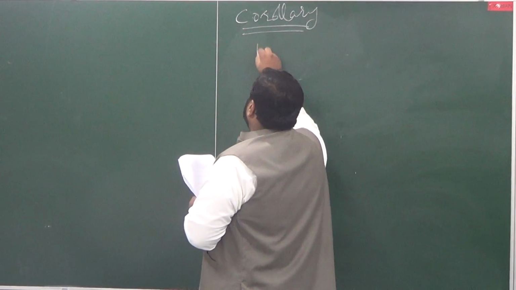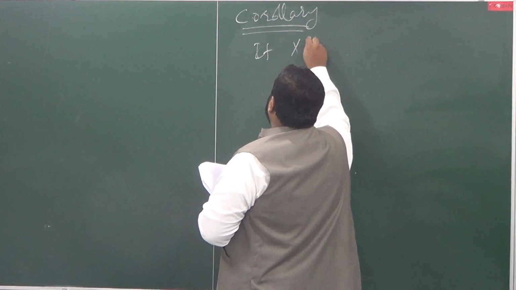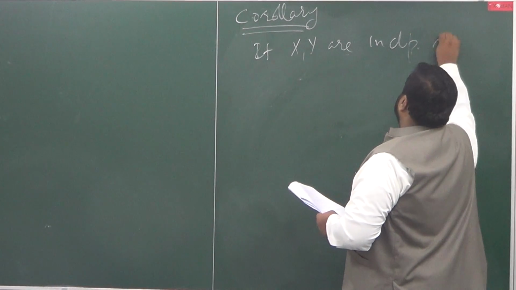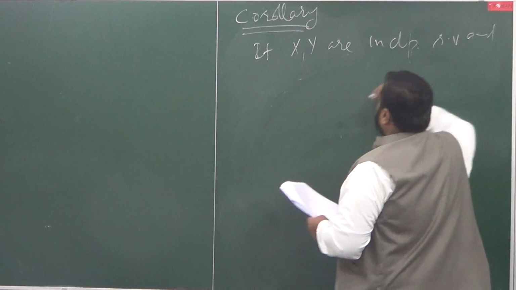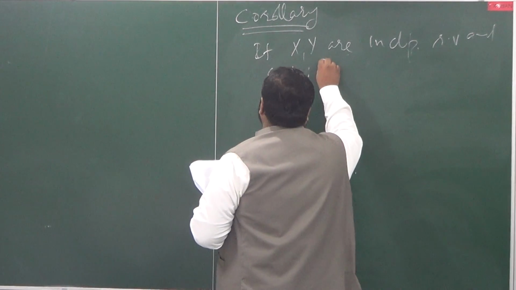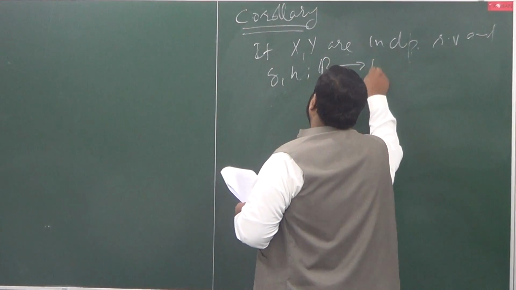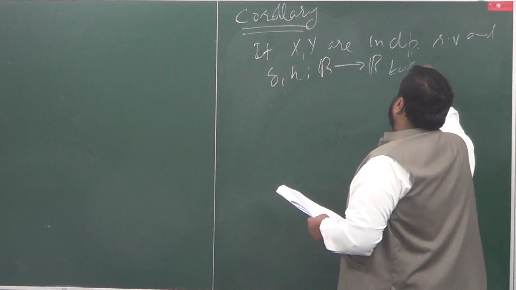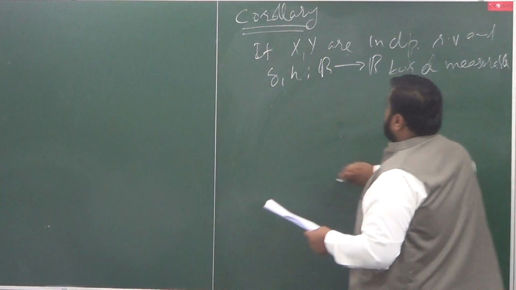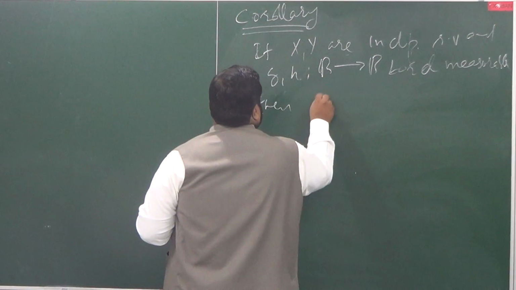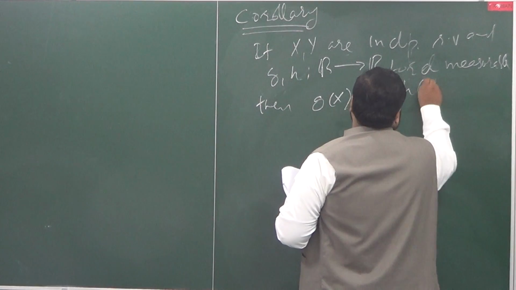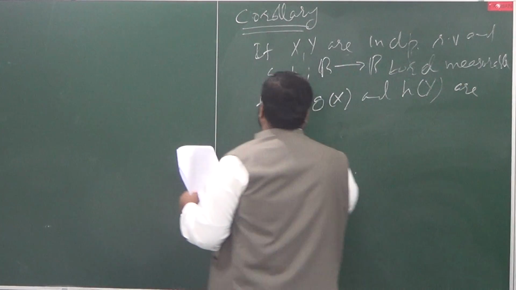If X and Y are independent random variables and g and h are maps from R to R that are Borel measurable, then g of X and h of Y are also independent.